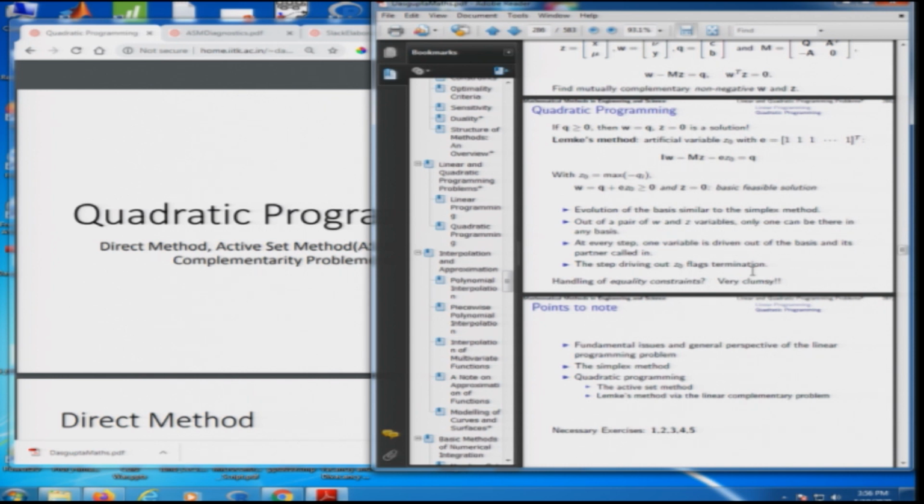Okay. And now, one question we revisit, what about handling equality constraints? And this is indeed very clumsy. Any typical slack variable strategies handle equality constraints in a very clumsy manner. What it does is that if you have an equality constraint in your problem, then that is replaced by two inequality constraints. Okay. So, something should be equal to 0.